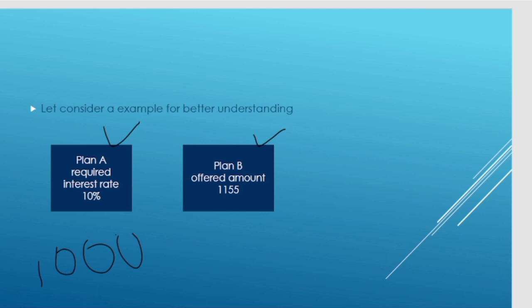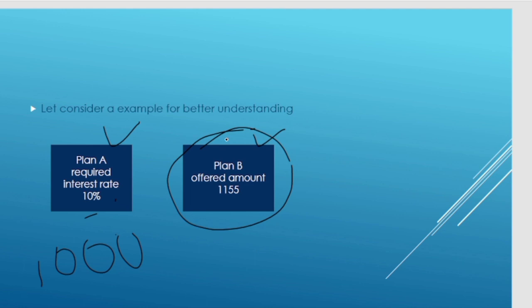If you deposit the same 1000 in your savings account at 10%, after 1 year you will receive 1100 rupees. 1100 is much lower than 1155, so you always choose plan B, if both plan A and plan B have the same risks. If plan B has different risks, then you may not consider it. But if the risks are the same, you will always choose plan B.